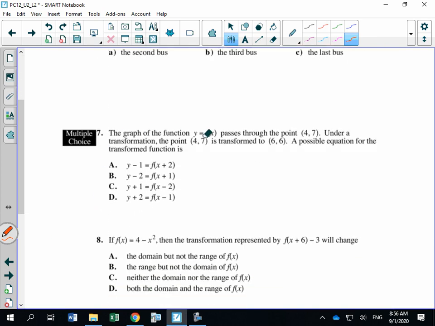Okay, the graph of the function y is equal to f of x passes through that point there. So the original function, it's saying passes through this point. So y is equal to f of x. It's going to pass through that point. Under a transformation, the point 4 comma 7 is transformed to 6 comma 6.